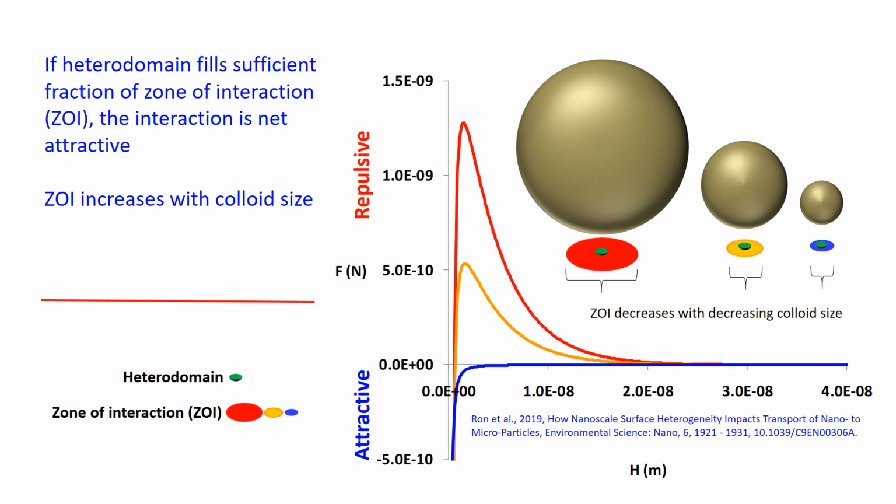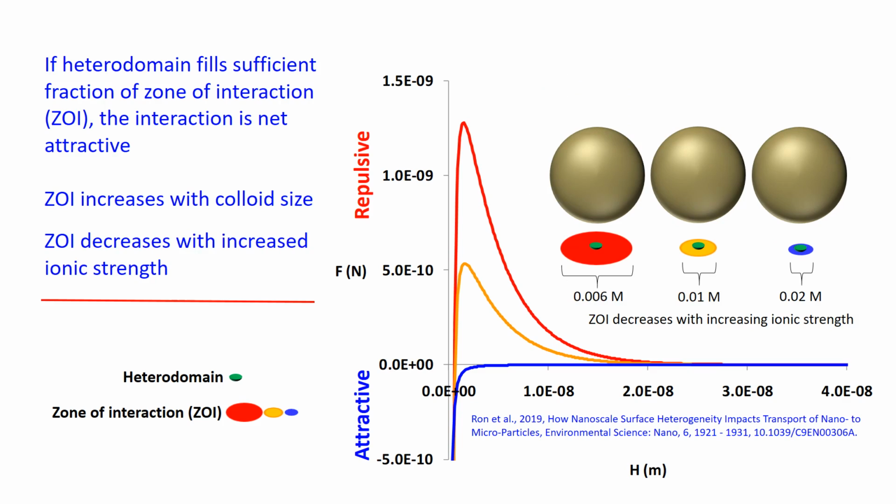And what you see is that it occupies only a small fraction of the ZOI of the large colloid, but occupies a large fraction of the ZOI of the small colloid. And so the net interaction is repulsive for larger colloids and attractive for smaller colloids.